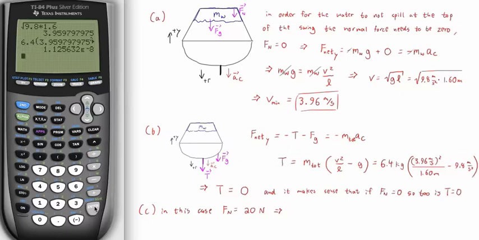Net force in y is going to be negative gravitational force, and that's going to be the water, because we're looking at the normal force here, minus the normal force, non-zero, and then equal to negative m a_c.